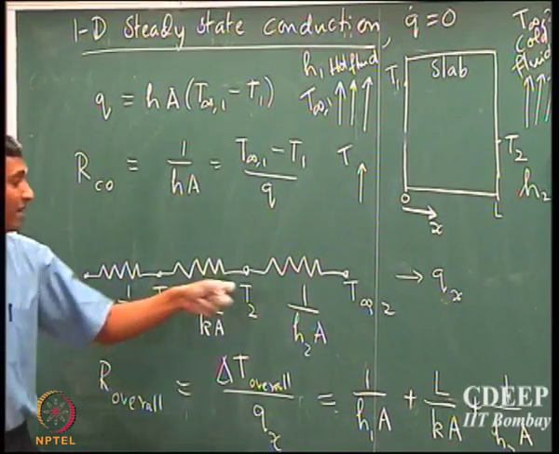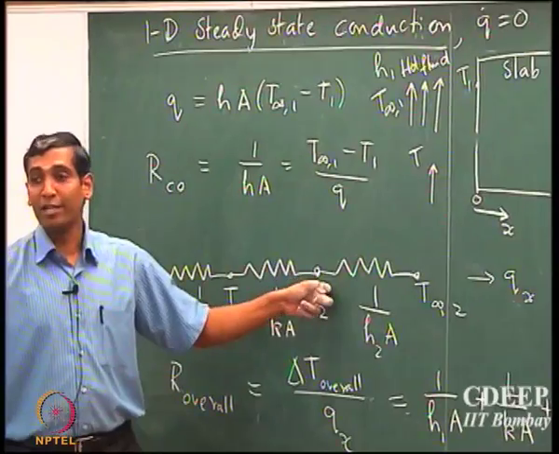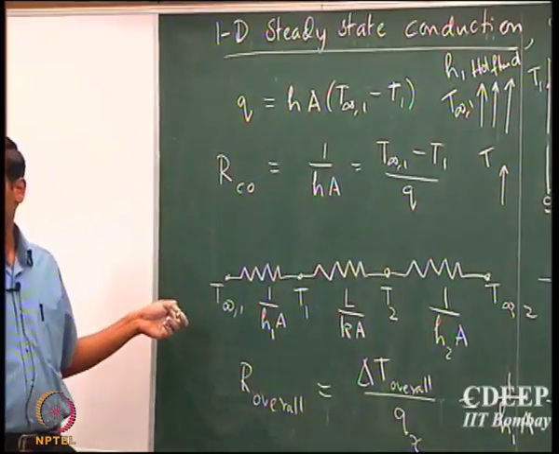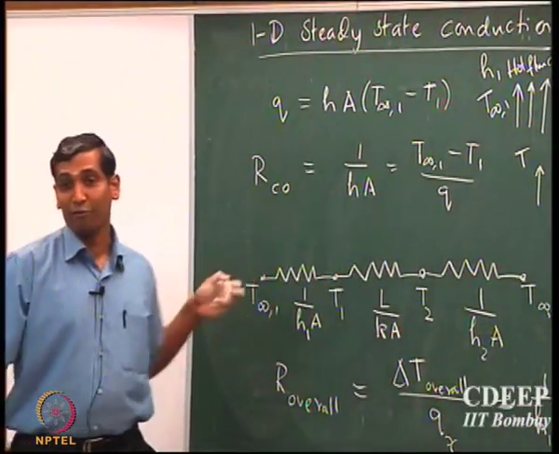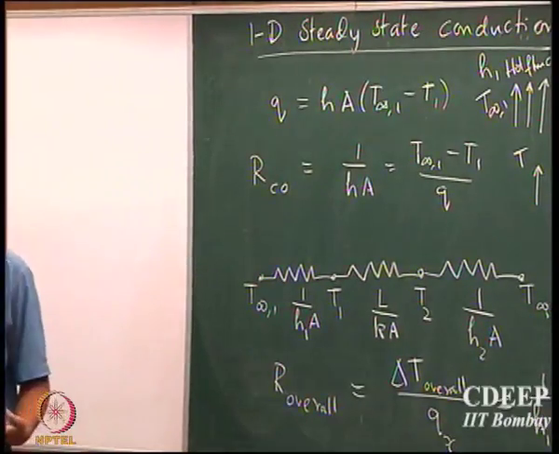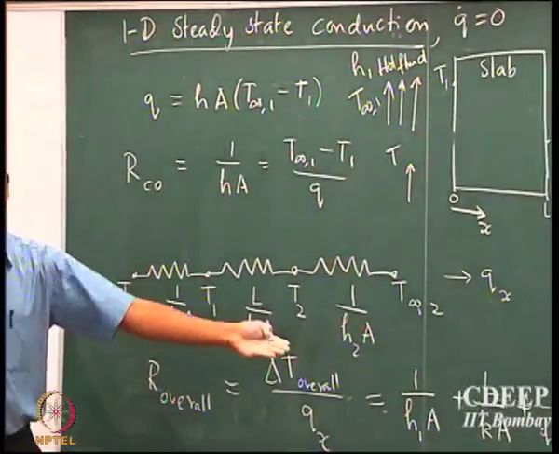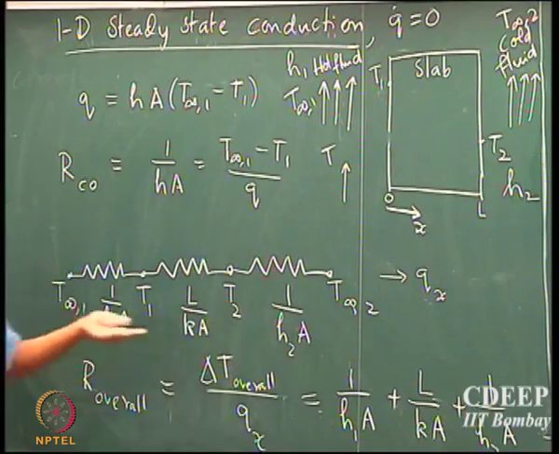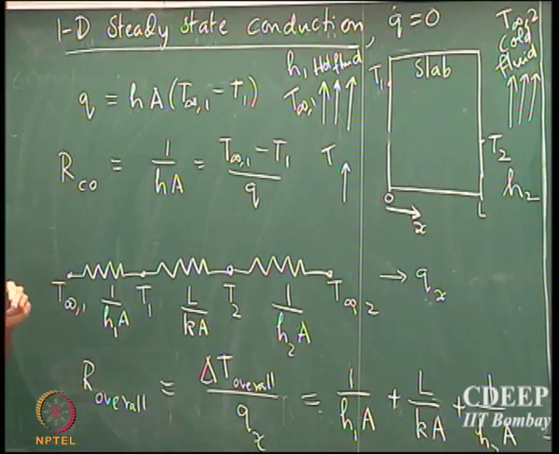For example, I want to know what the temperature T2 is, but all I can measure are the temperatures of the outside fluid. So can I use the resistance network? That's what the resistance network method provides: an elegant opportunity to use the measurable quantities and find some of the quantities that are not known to you via normal experimental measurement.